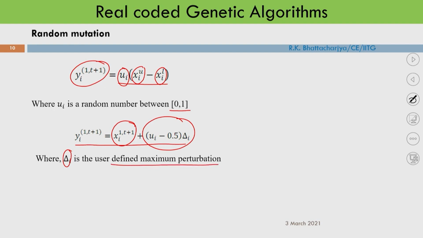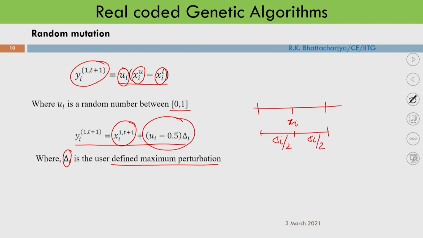So, suppose this is your solution x i, and this is delta i by 2 and this is delta i by 2.